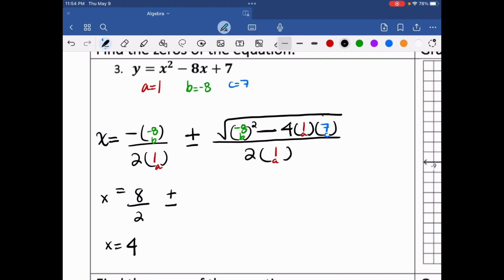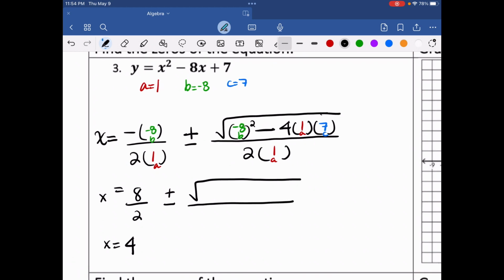I'm going to show it to you in pieces. So again, a fraction, -8 times -8. Plug that in your calculator if you need it, but it's 64 minus, okay, if this is a minus, then I'm only going to put in the calculator 4 times 1 times 7. 4 times 1 is 4 times 7 is 28, so we get 28.